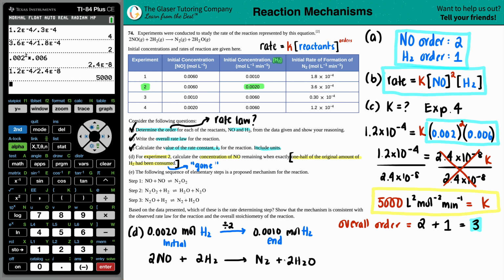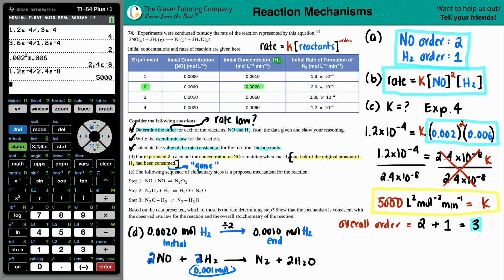But if we know that 0.001 moles of H2 was consumed, or gone, how many moles of NO should also be consumed? And this is just stoichiometry. Look at those coefficients. It's a 2-to-2 relationship between the two reactants, which is basically a 1-to-1. They're the same number.